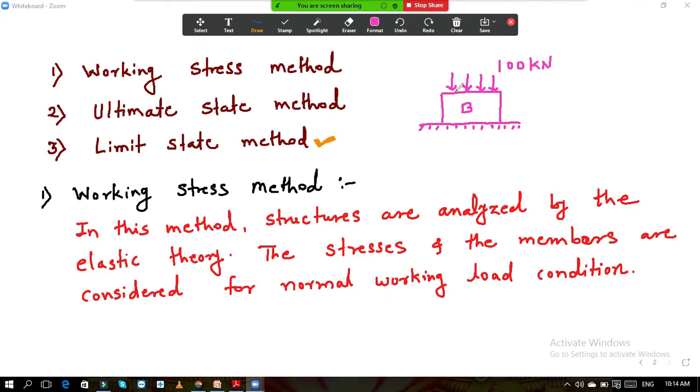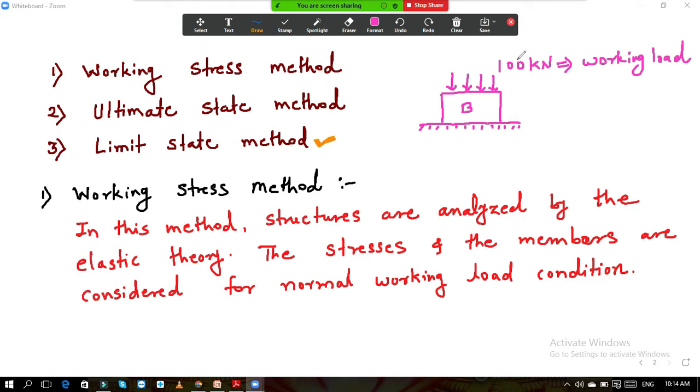Then we came to know this is the direction of the forces and this is the magnitude, 100 kilonewton. Then this 100 kilonewton is called the working load. This is done in the working stress method.